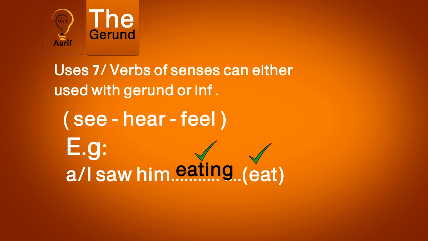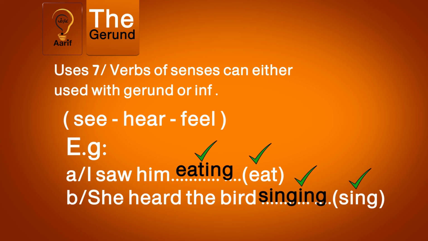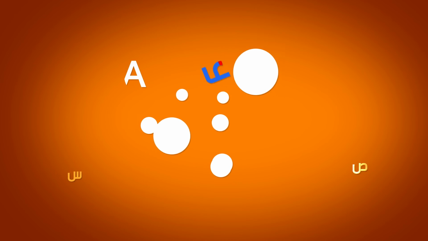I saw him eat or eating. Both are correct. As another example, she heard the bird sing. Either infinitive or gerund. She heard the bird singing or sing. This is about the seventh use of the gerund.